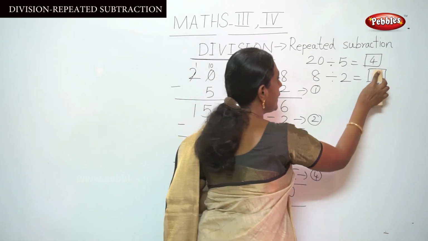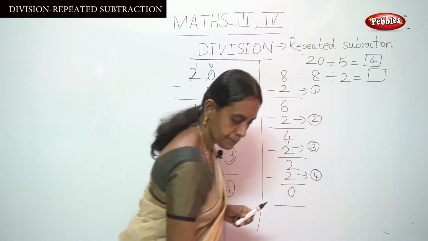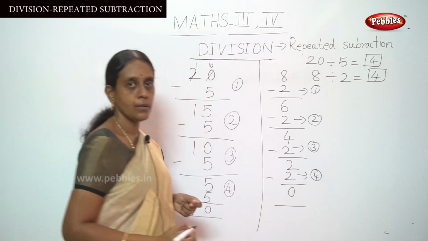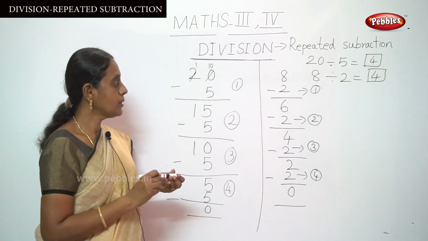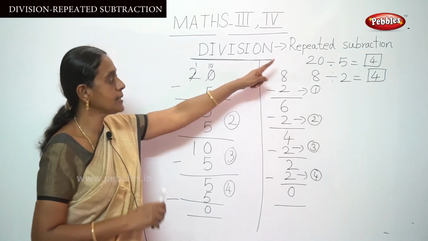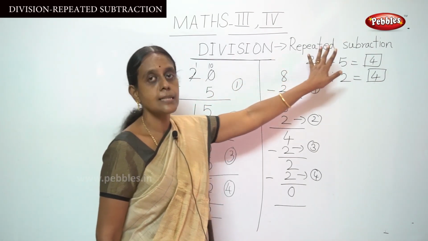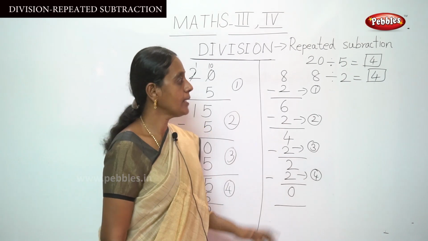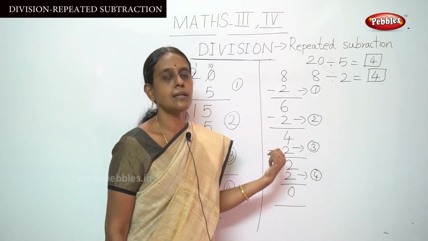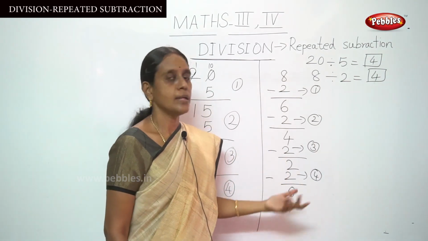So 8 divided by 2 is 4. This is a method to find the quotient by repeated subtraction. Let me move on to normal division, 3 digit with a single divisor, in the next video.